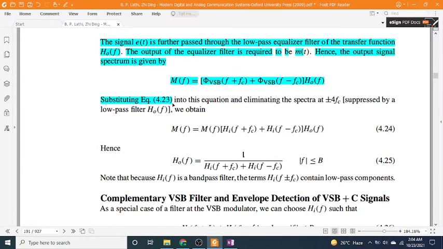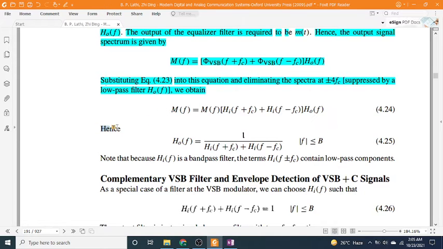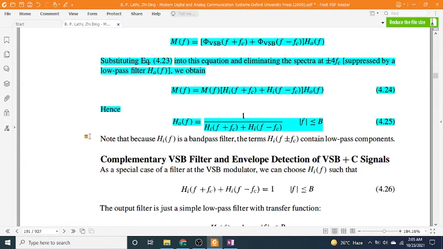Substituting Eq. 4.23 into this equation and eliminating the spectra at plus or minus 4fc suppressed by a low-pass filter H0(f), we obtain M(f) = M(f)[H(f + fc) + H(f − fc)]H0(f). Hence, H0(f) = 1/[H(f + fc) + H(f − fc)], |f| ≤ B, Eq. 4.24, 4.25.